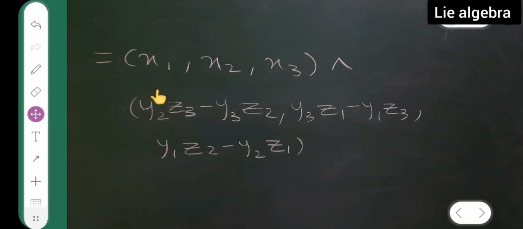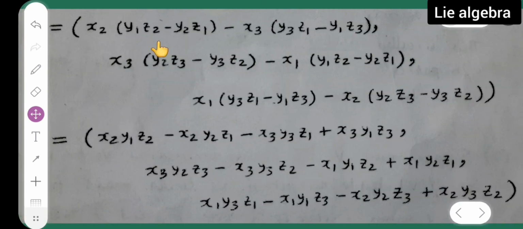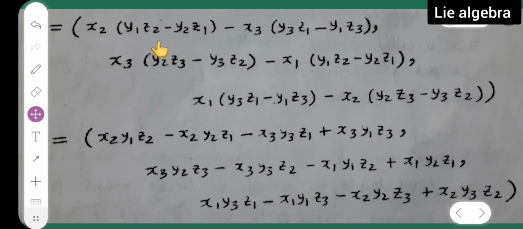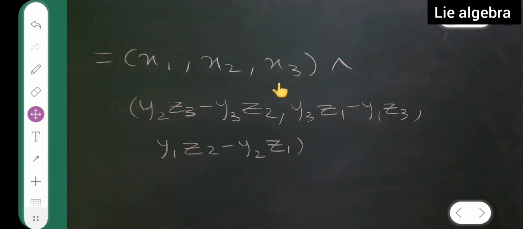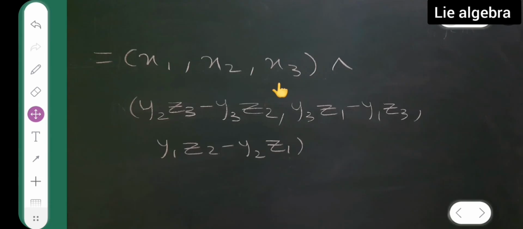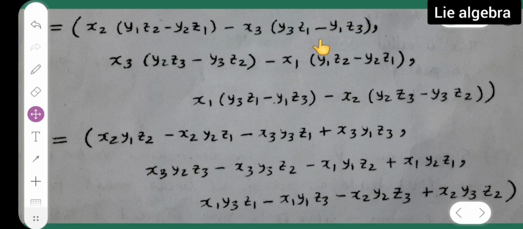So this into this. x2 into this, y1 z2 minus y2 z1, I have done. Then minus x3 into y3 z1, this into this I have done, then put comma, then I have used the definition of x cap y.